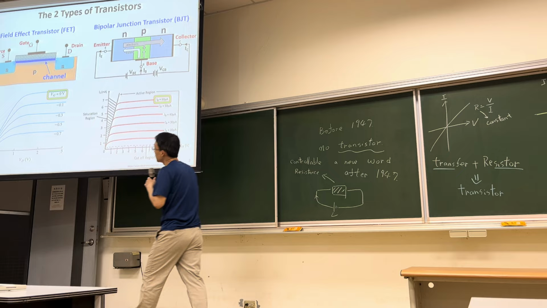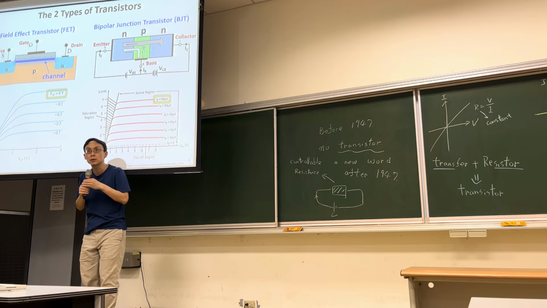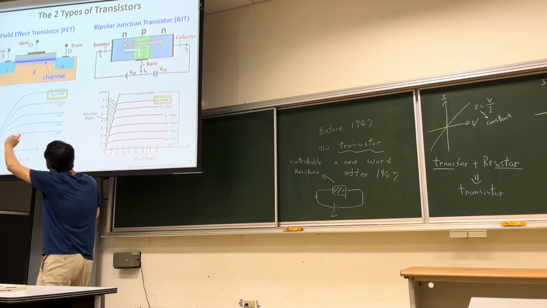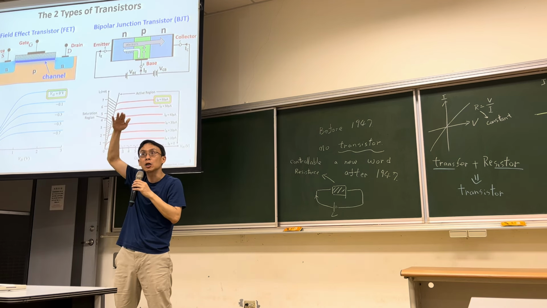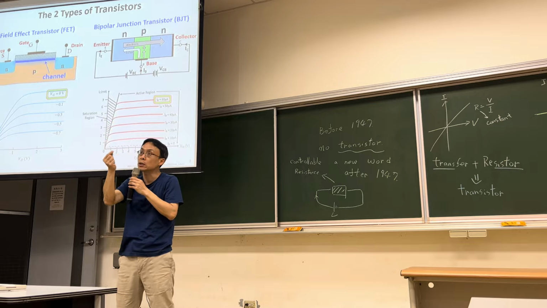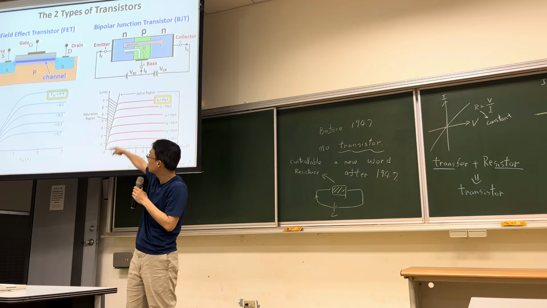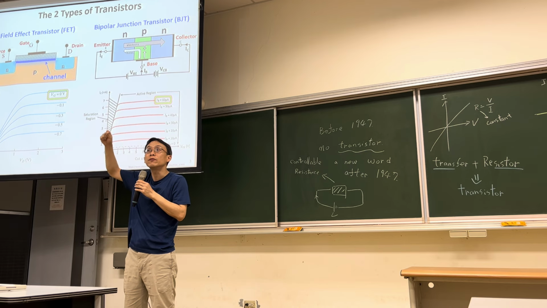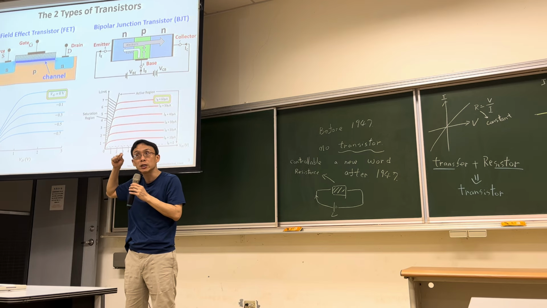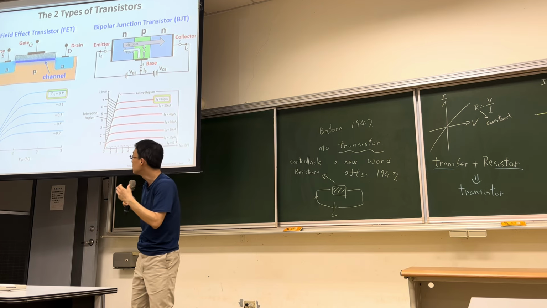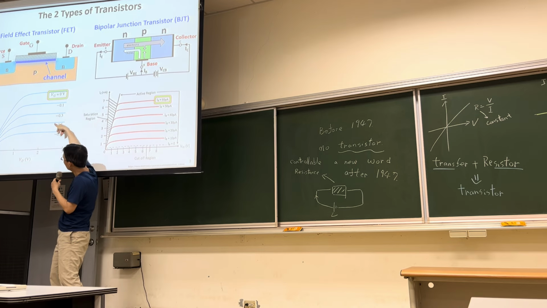The current you see here along the blue line is the current flowing between the source and the drain, and the conductance between source and drain is controlled by the gate voltage on the top. You can apply different bias to the gate and change the conductance between the source and the drain.